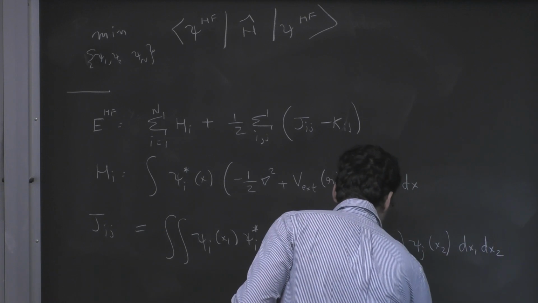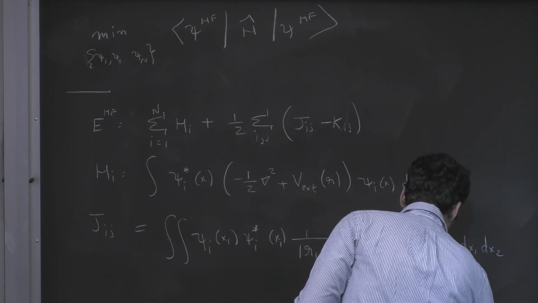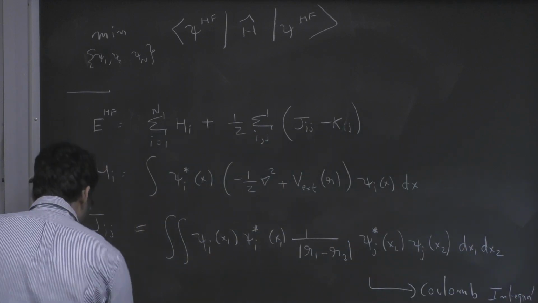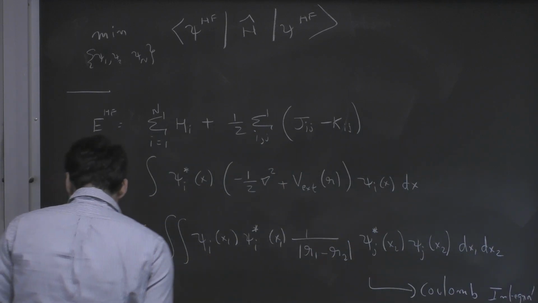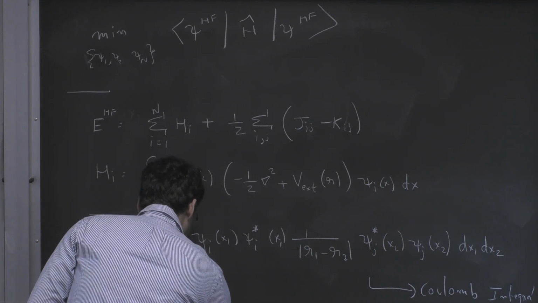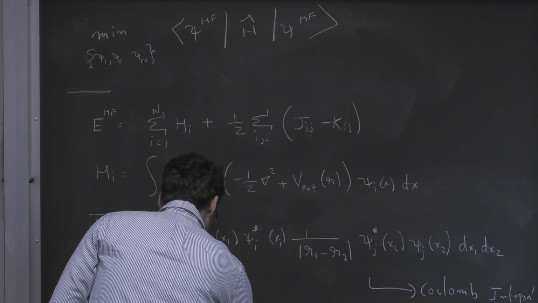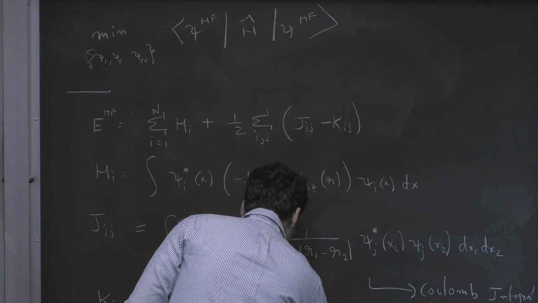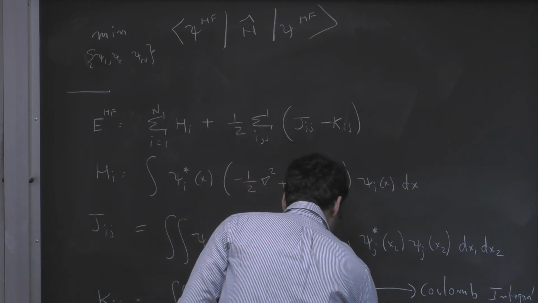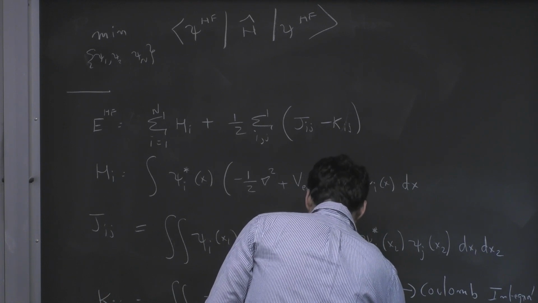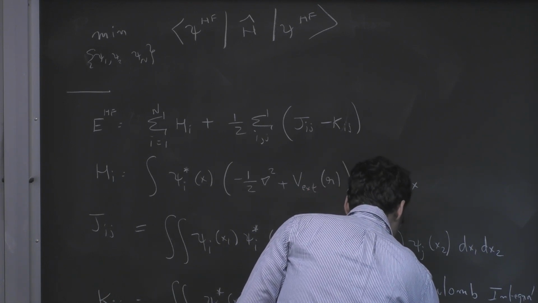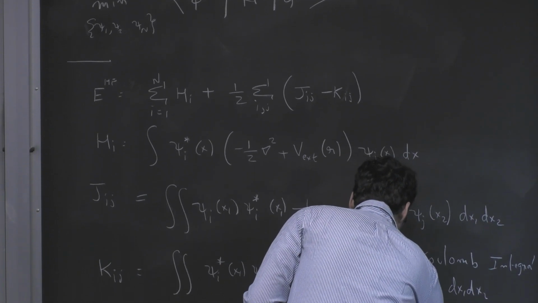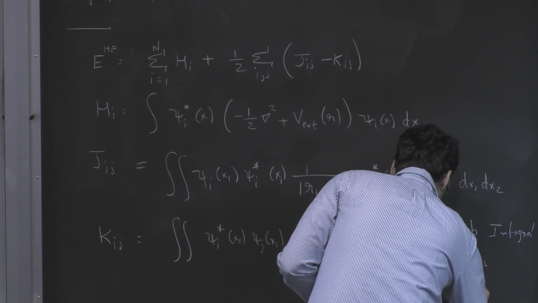So this is called the Coulomb integral. And finally, we have what are called the exchange integrals, which is K_ij, and that's psi_i. And this is what is called the exchange integral.